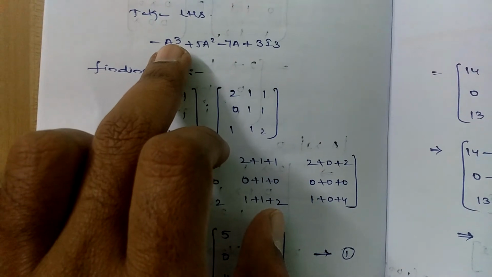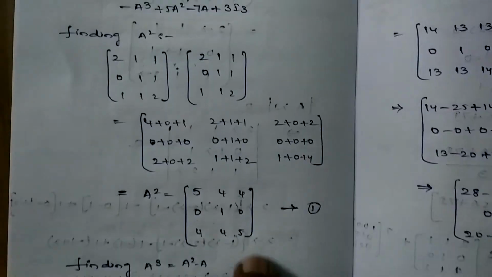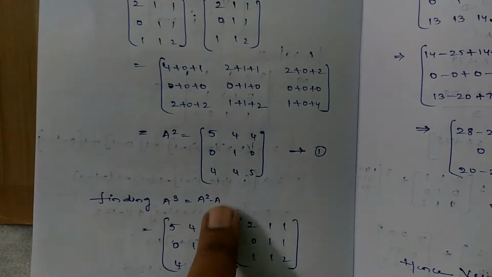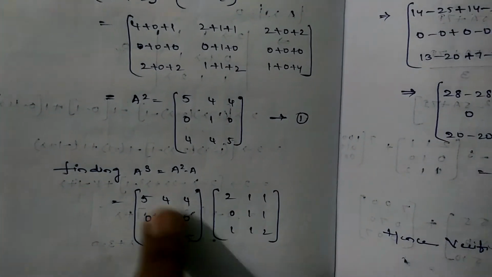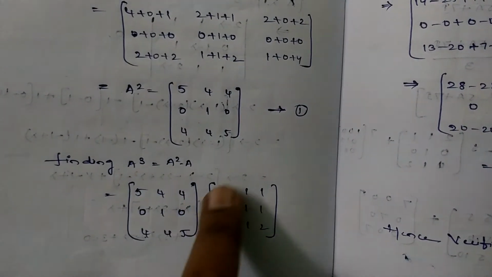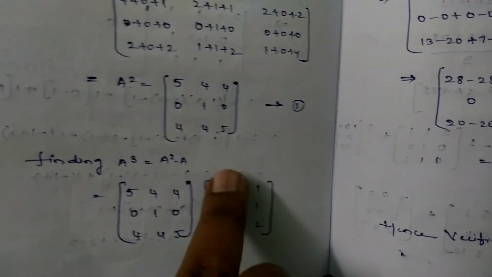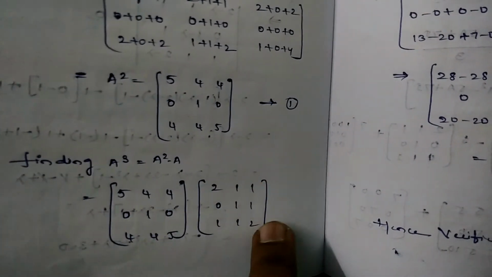So A cube can be written as A square into A, right? So we got the A square value here, into the A value. Again, first row, first column, first row, second column, first row, third column. Similarly, second row, first column, second row, second column, second row, third column.